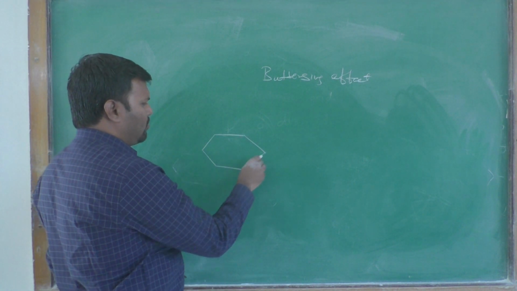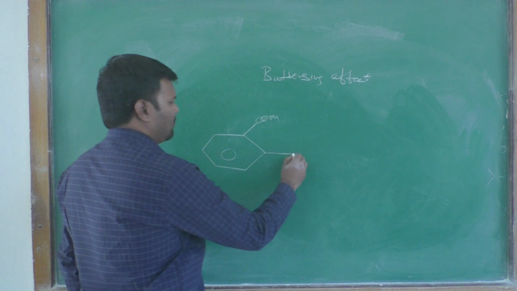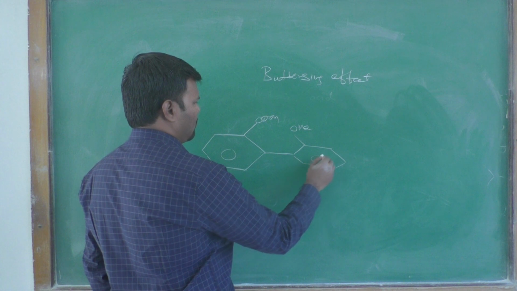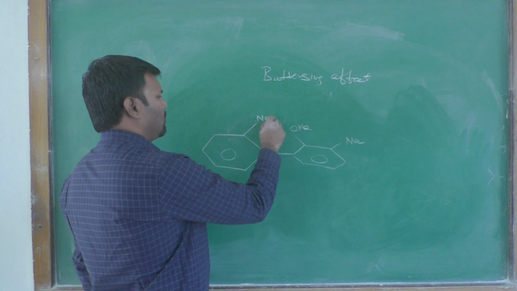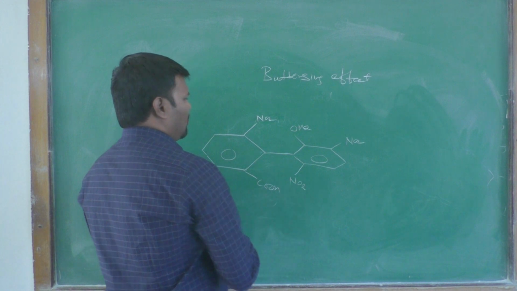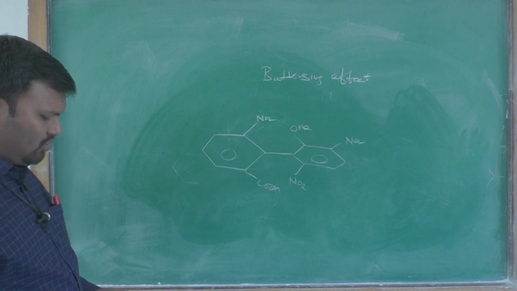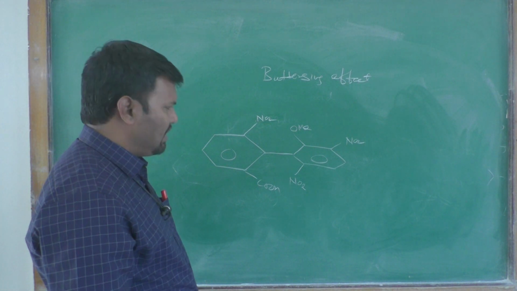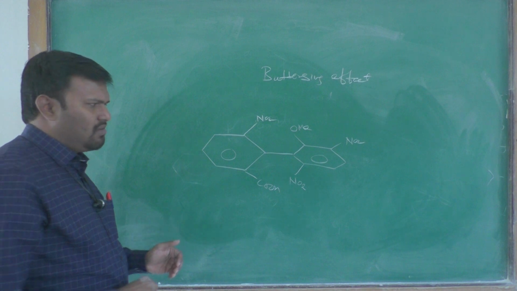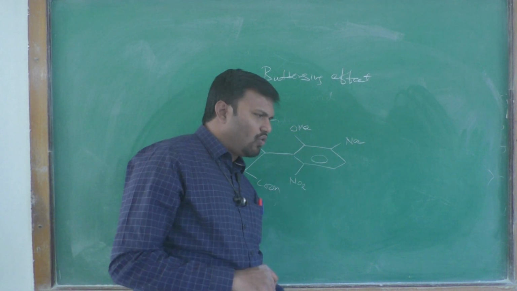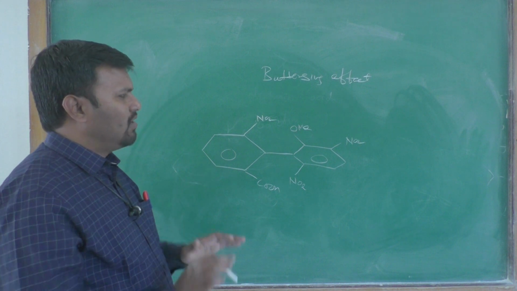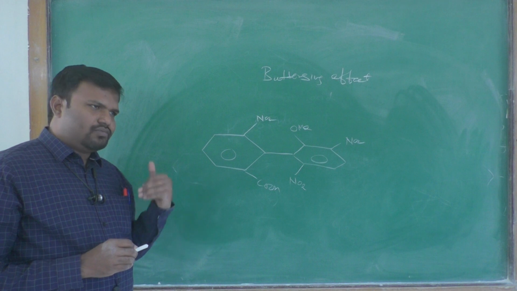If we have a compound like that, and in this compound at the meta position there is a substituent, when the first enantiomer is converted into the other enantiomer, we know that it passes from one enantiomer to the other via a planar state.